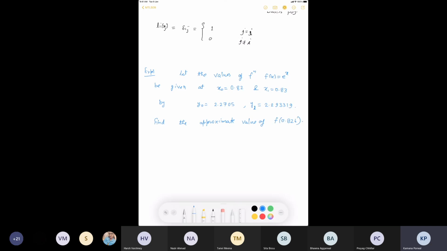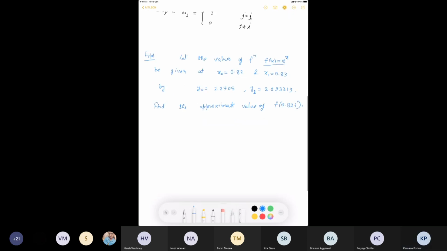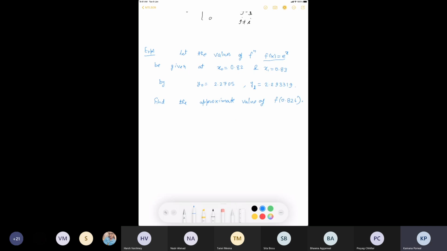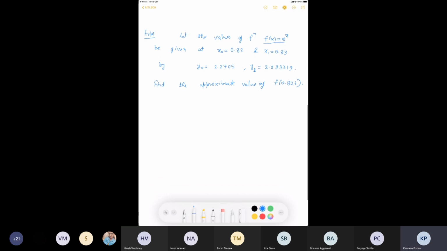Here I have given you the function explicitly, but suppose the function f is not known, even then you can do this exercise, right? Because we have learned that we can design a linear polynomial using these 2 points and find the approximate value. But here I've given you the function explicitly, so you can take the help of a calculator to simply work out all the calculations.